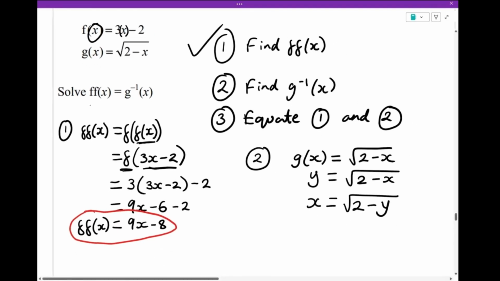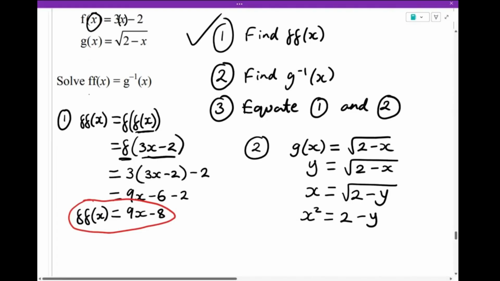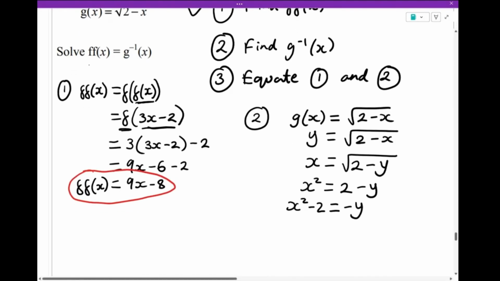Now we're going to rearrange to make y the subject. To undo the square root, we're going to have to square both sides. So we'd get x squared is equal to 2 subtract y, because squaring is the inverse of square rooting. Then to make y the subject, I'm going to subtract the 2 to the other side. So we get x squared, take 2, is equal to negative y. But I don't want negative y, I want positive y. So I need to multiply by negative 1 on both sides.